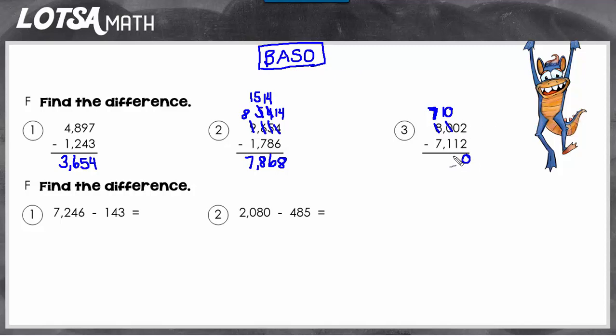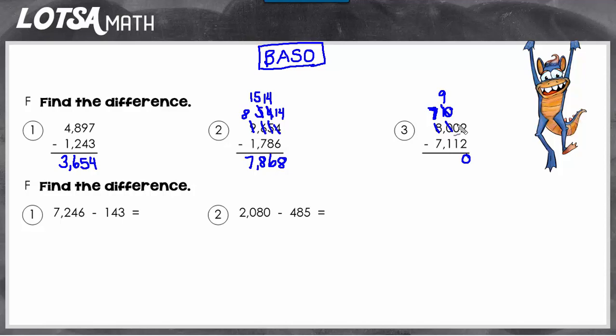So we're done with the ones, now we move into the tens. It's really important that you start all the way back over just to keep all of your places organized and your regrouping done correctly. So in the tens place, we have 0 and we're trying to take away 1. We can't do that, but at least now we can borrow. We can go to the hundreds place and borrow one of those hundreds.